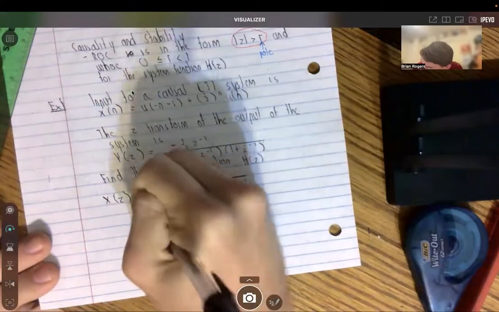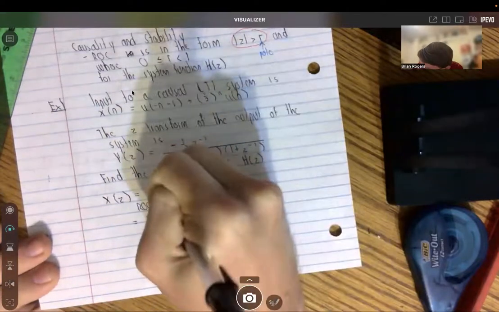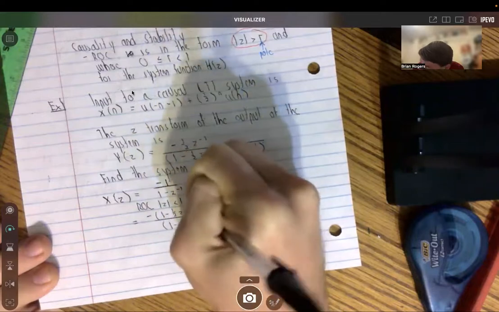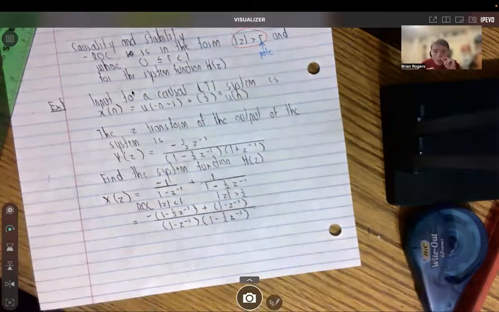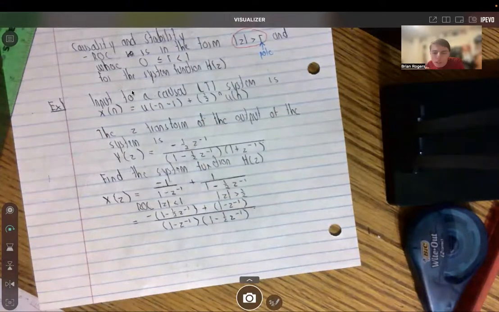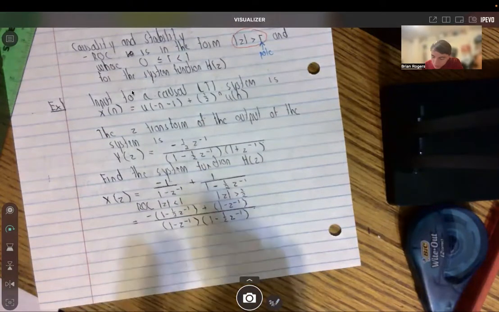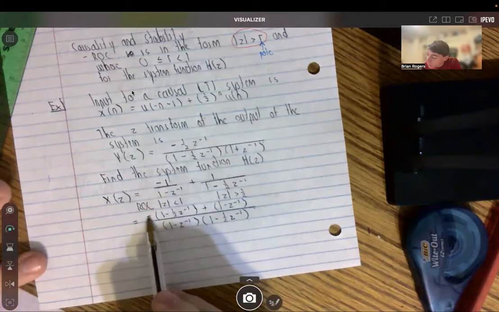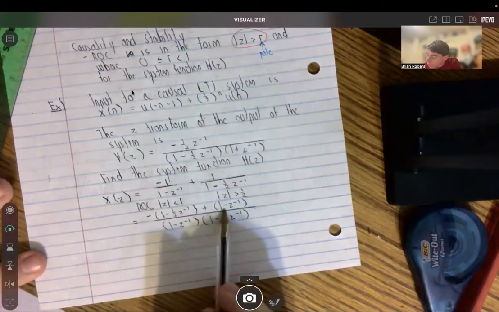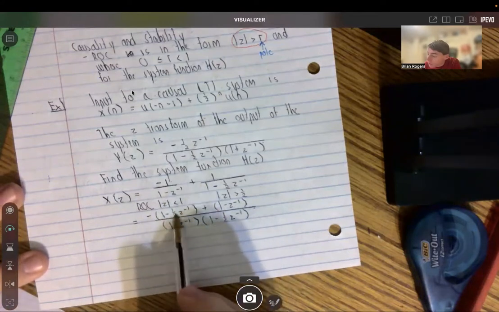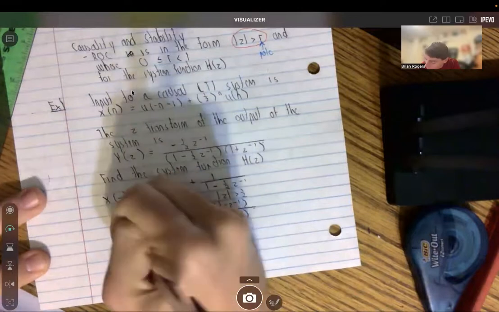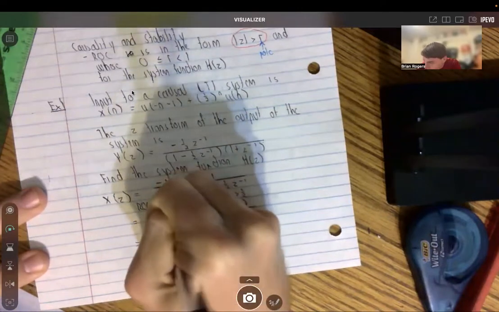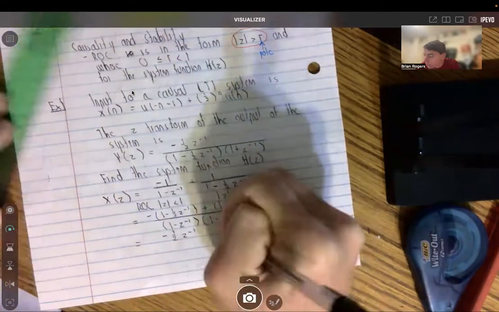So you get -1 minus 1/2 z to the -1, and then plus 1 minus z to the -1. Now we have this in our numerator, and then we have our denominator here. Simplifying our numerator, we get -1 plus 1, that would be 0. We have a positive 1/2 z to the -1 minus z to the -1, so we get a minus 1/2 z to the -1 when we simplify that numerator.